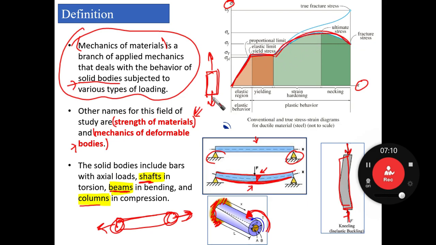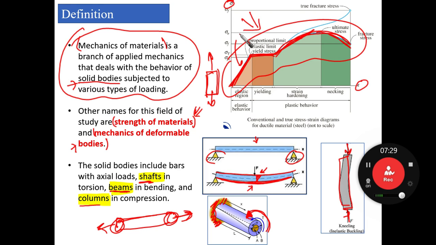And whenever we understand the behavior, whenever we say that this part is elastic, this part is yielding, this part is strain hardening, this part is necking, we are going to have a more thorough understanding of the behavior of the material itself.